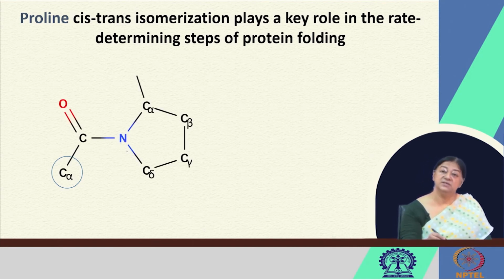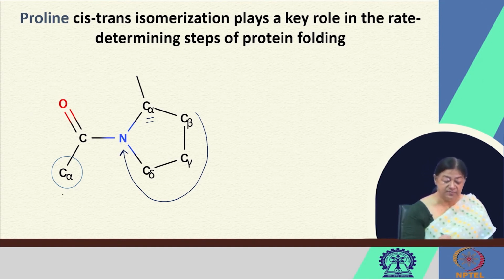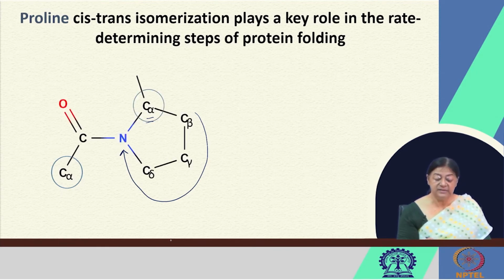As we have discussed earlier, it is an amino acid that folds back upon itself, where you can see the C alpha here, then the C beta, the C gamma, the C delta, and this is the amino terminus of the proline amino acid. So, now if this is the C alpha of the previous one, what do we see about the C alpha of the next? We see a possible trans formation.